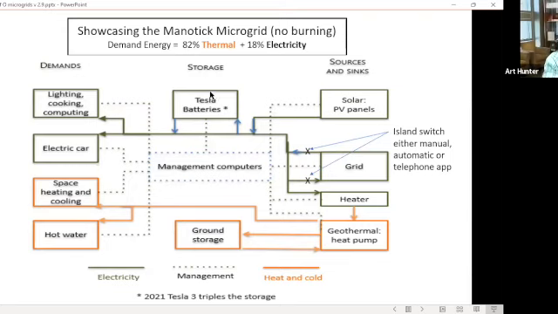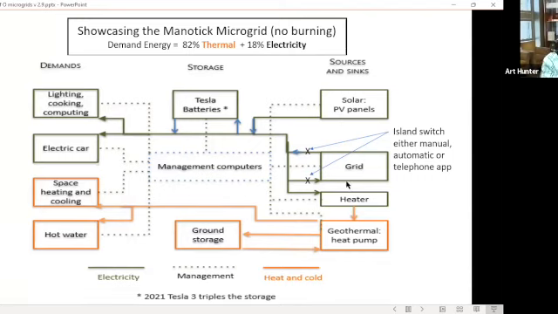Whereas in storage, I have home batteries, Tesla Powerwalls, and I do ground storage of heat as well. Sources and sinks, of course, are solar PV panels. We have a connection to the grid, where the X's mean that's just a switch that says I can island. I can turn the grid off and be standalone.